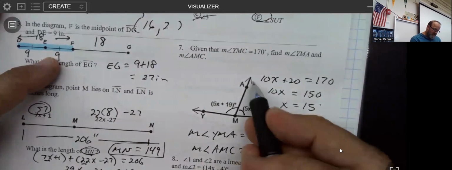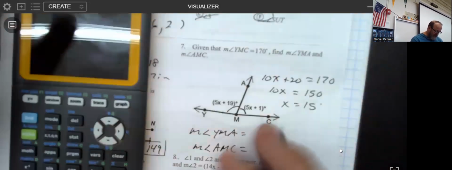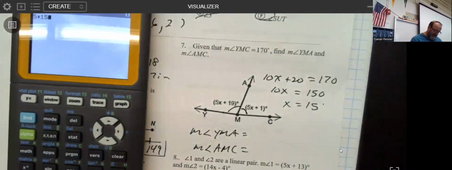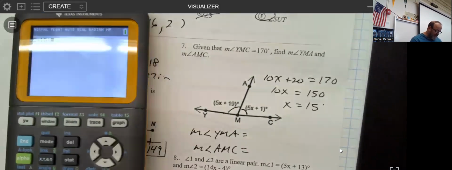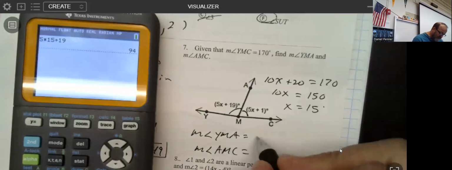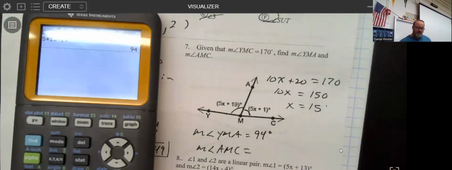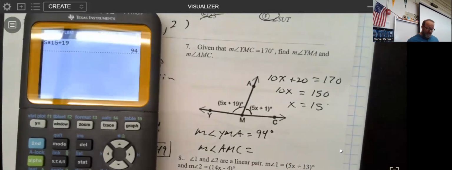They want me to turn this particular angle in too. So I want to plug that 15 back in. Let's see, 5 times 15, because we said x is 15, right? Plus 19, we're looking at a nice angle of 94 degrees. Now, geometry teachers will sometimes be purposely misleading, and I'm not being that type.